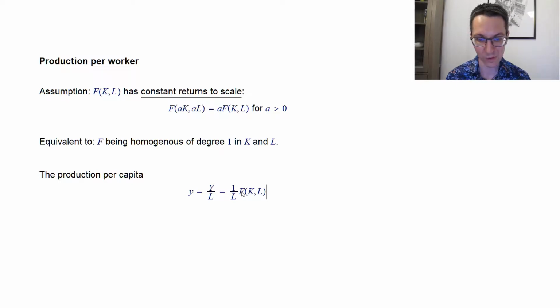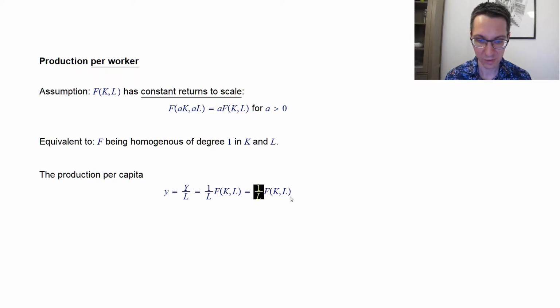So it's 1 over L that multiplies F of K, L. And now I've just seen that since it's constant returns to scale, I can take 1 over L in front and put it inside the function. So let me do that.